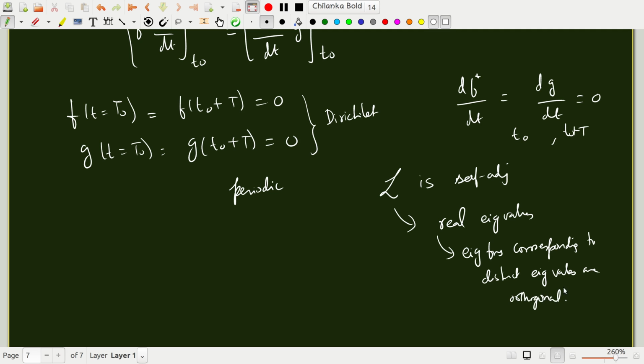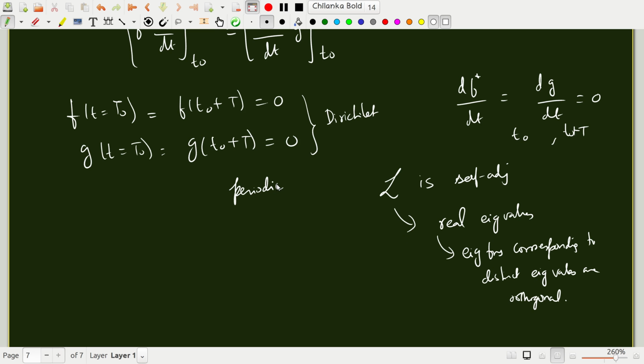We can show this in the context of differential operators too, but in the interest of time I will not show it explicitly. It's the same idea as in the case of matrices. So you will always have orthogonal eigenfunctions if the operator is Hermitian and the eigenvalues are real.